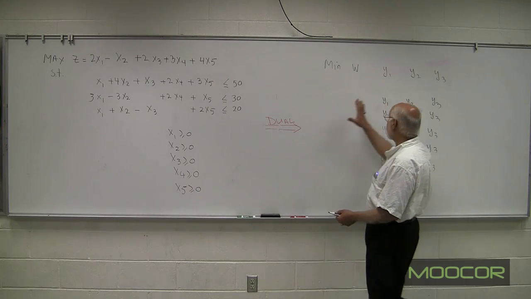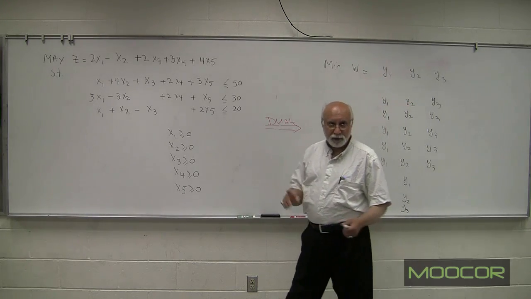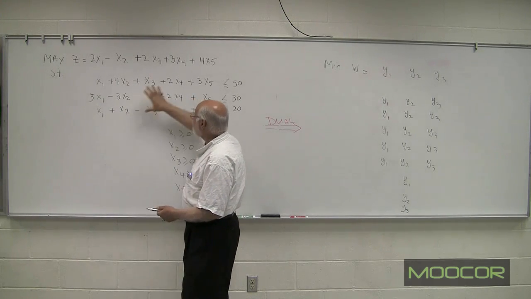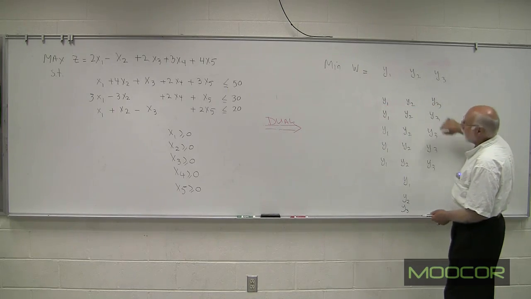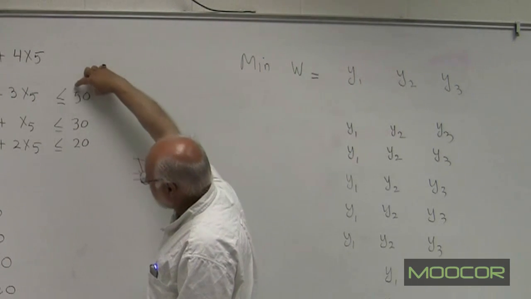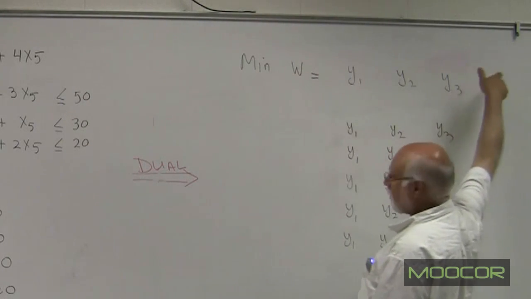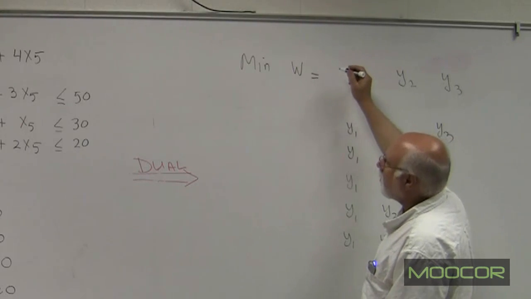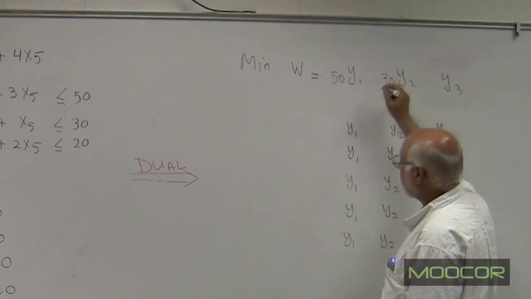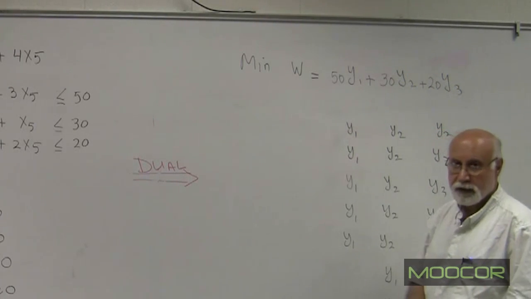Now that we have set up the general picture, we need to look at the coefficients, the right-hand side, and the price or cost factors. First, we said that this b becomes c in here. So we will have 50, 30, and 20, and these are plus signs between them.